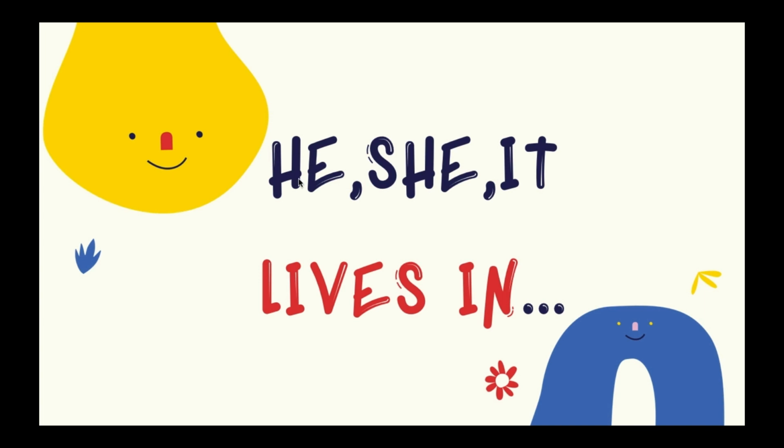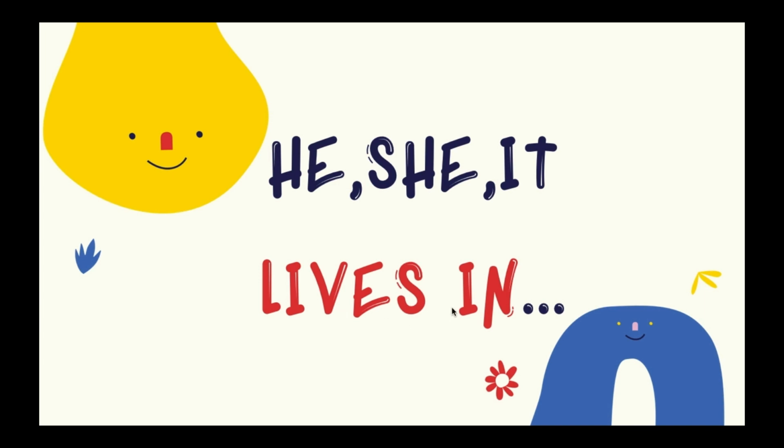Let's see the subject he, she, it. This time we have to add S to the word live. So it will be he, she, it lives in. One more time, he, she, it lives in. For example, he lives in Bangkok, right?